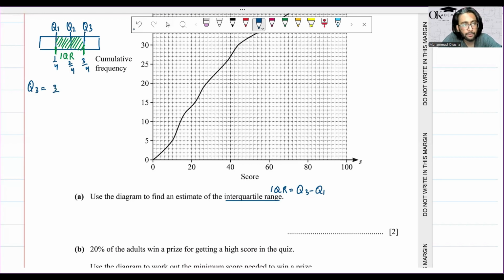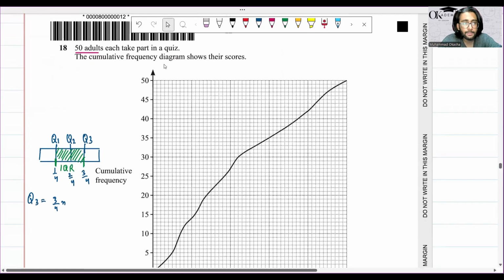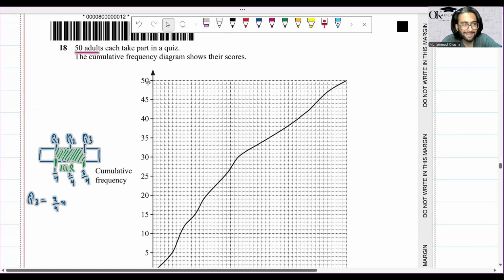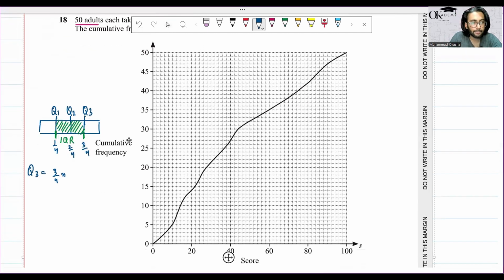So Q3 would be 3 over 4 n, and n is the number of people who took the quiz, which is 50 adults. So 3/4 of 50: 2 times 2 is 4, 2 times 25, 3 times 25 is 75. 75 divided by 2 is 37.5. So that's my Q3.